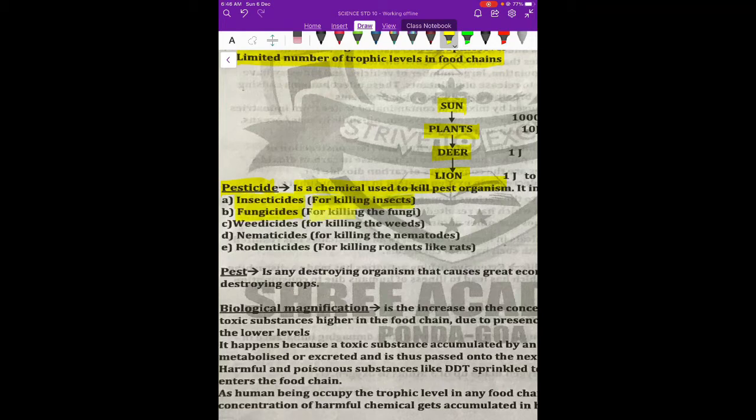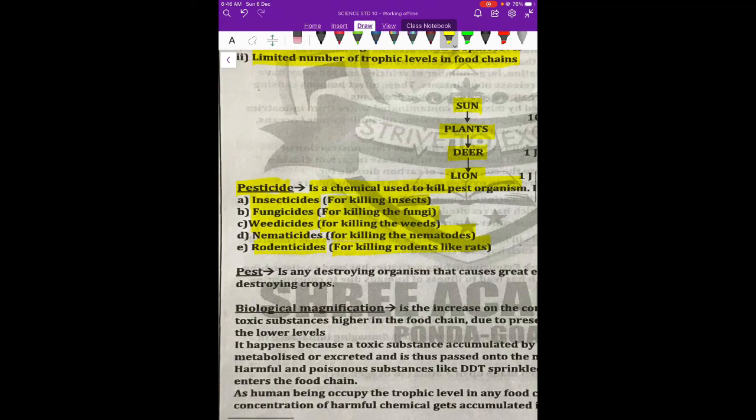Fungicides for killing different types of fungi. Weedicides for killing weeds. Nematicides for killing nematodes. Rodenticides for killing rodents like rats. Now these are frequently used in agriculture for protection against all these pests, also during storage.